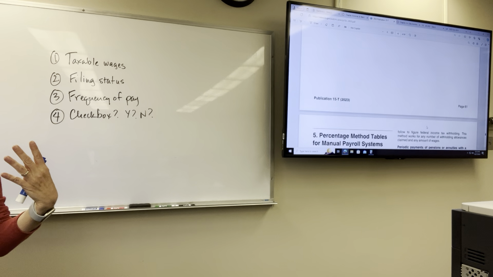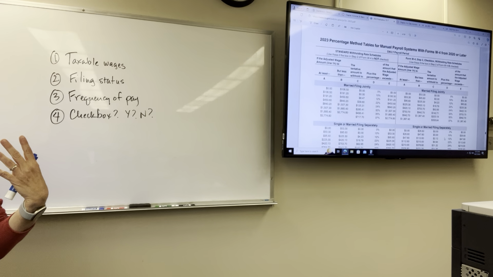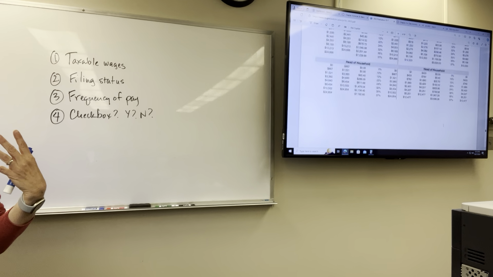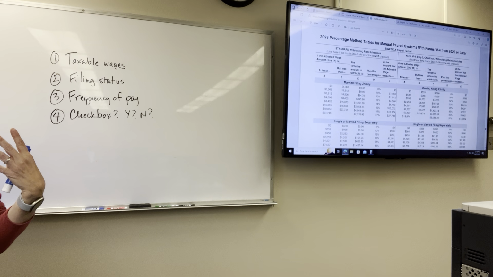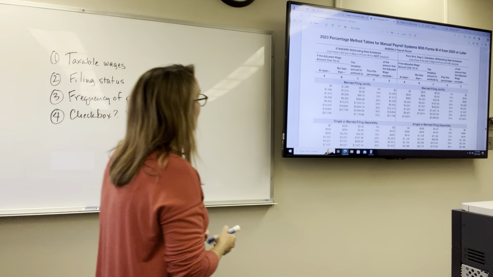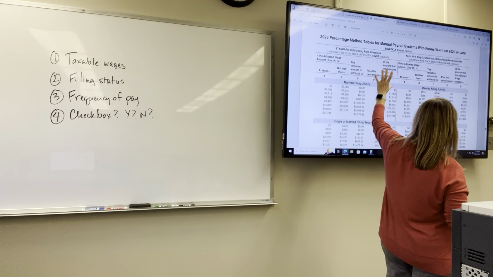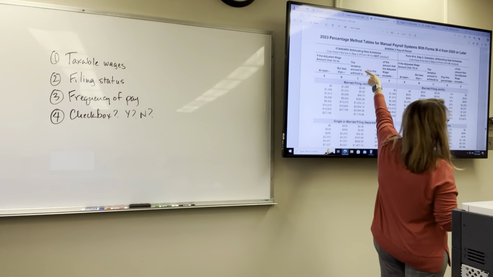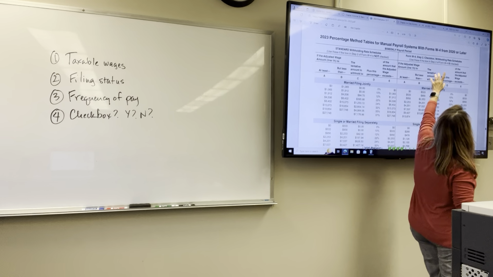They don't have the quarterly; they used to include it. So there's our different pay frequencies. Let's look at one of these. And then over on the left, these left-hand tables are standard withholding, so no checkbox. Right side, checkbox.